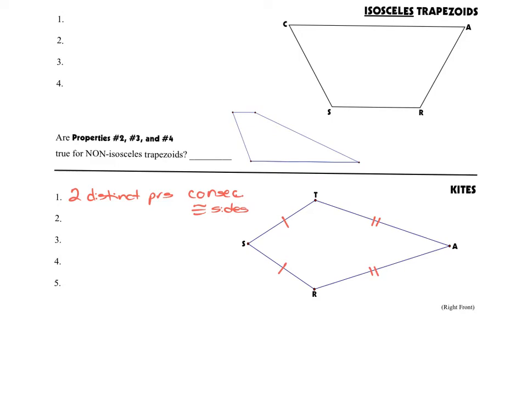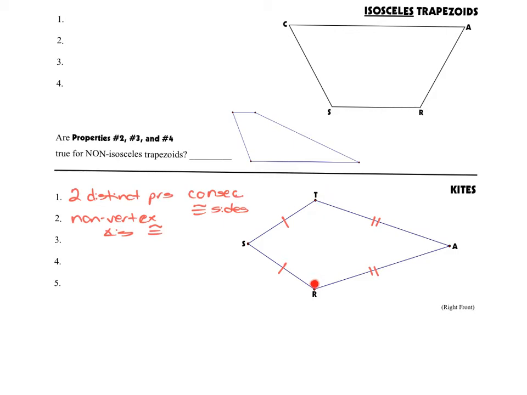Now our next property is that the non-vertex angles are congruent. You might be looking at this and thinking, well, what are my vertex angles? What I want you to picture is that if we imagine this diagonal drawn in right here, what I really have is an isosceles triangle, and then another isosceles triangle.